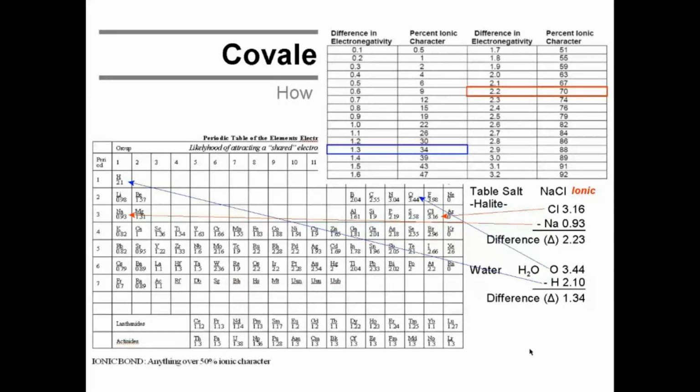And what I'm seeing is it's only 34% ionically bonded. So water would indeed be a covalently bonded compound. So this is the mathematical approach. Our quick test is to throw it into water and see if it dissolves or not.